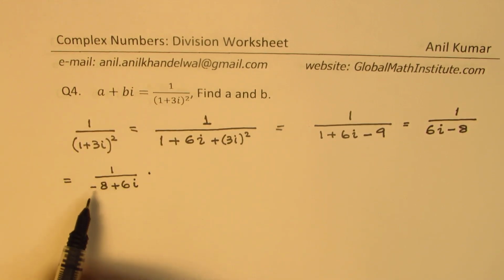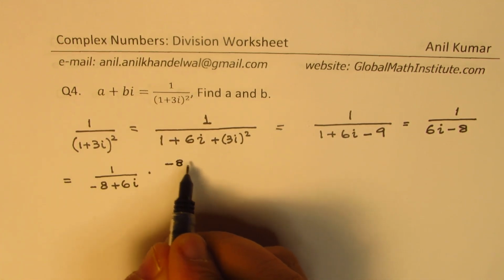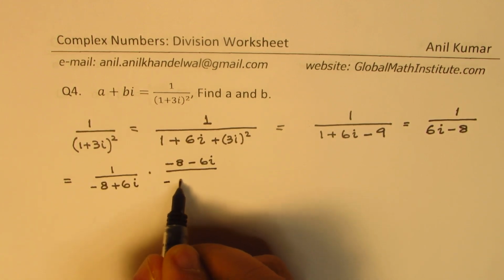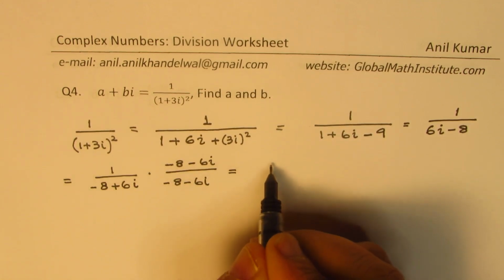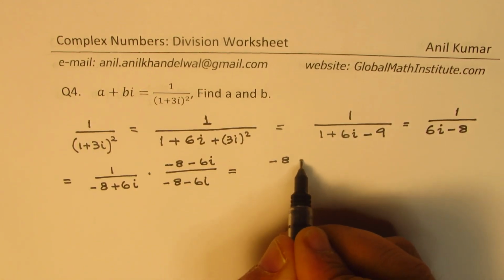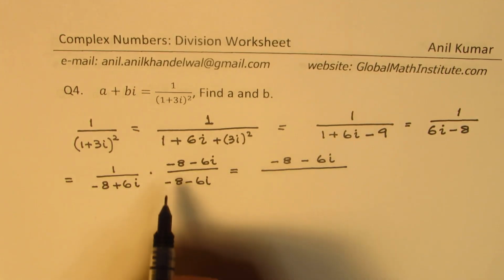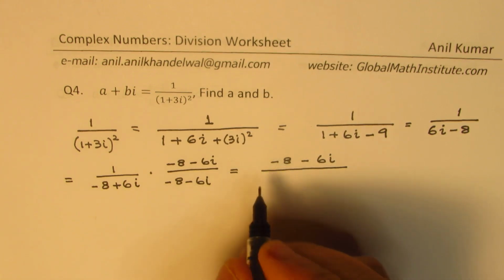To realize, we'll multiply and divide by the conjugate of the denominator, which is minus 8 minus 6i over minus 8 minus 6i. Correct? So the numerator is minus 8 minus 6i, and the denominator is, when you multiply minus 8 with minus 8, you get 64.